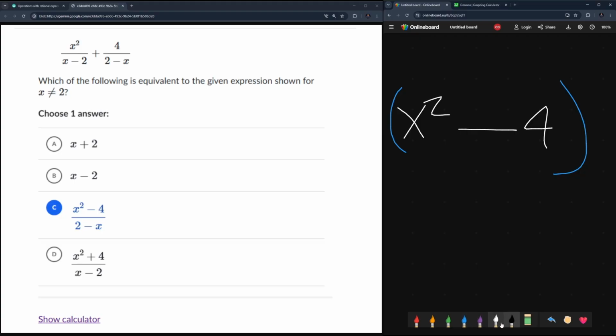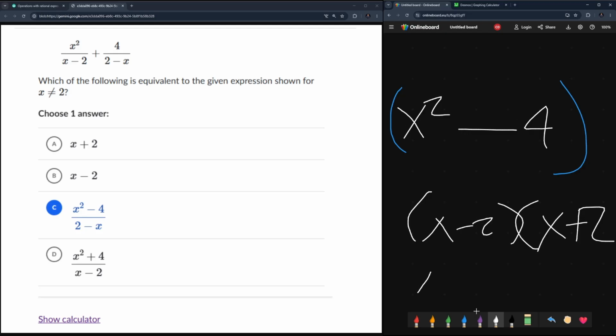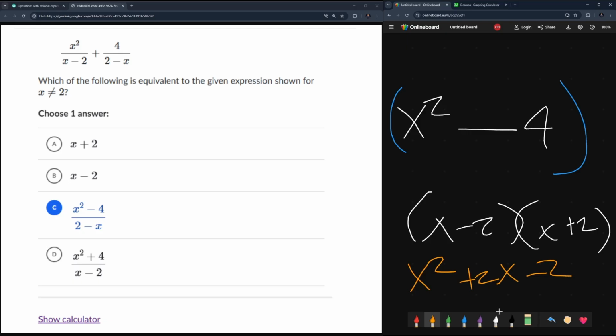It doesn't take too long to realize that if you multiply x minus 2 times x plus 2, you'll get this exact same result, right? Let me actually do the foiling. That would be x squared plus 2x minus 2x. This is just going to turn into a 0 basically. This x doesn't exist. -2 times 2 is -4.